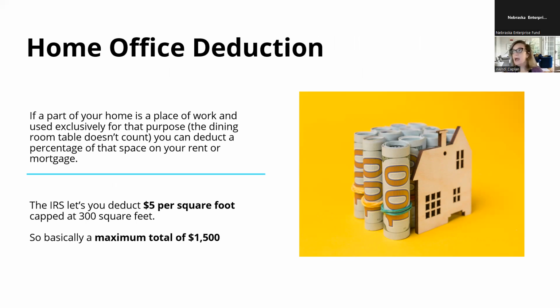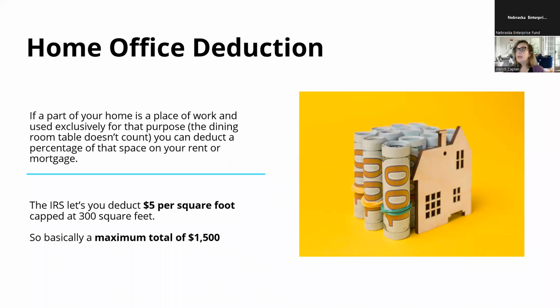They cap it at 300 square feet. Again, this is when you're running your business from your home, not if you're a remote worker for another company, but you can write off up to 300 square feet.